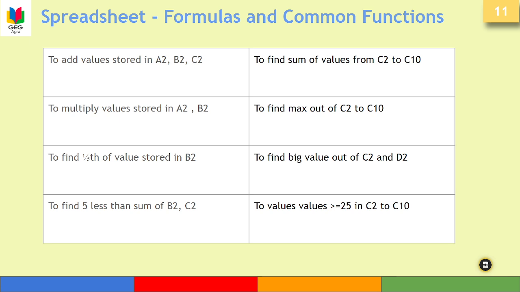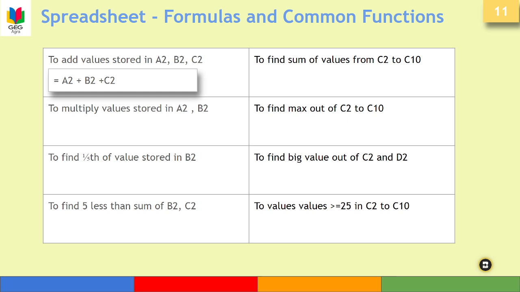To add the values stored in A2, B2 and C2, what should the formula be? You guess. I think this should be the formula: equal A2 plus B2 plus C2. In whichever cell is selected, the sum is printed.